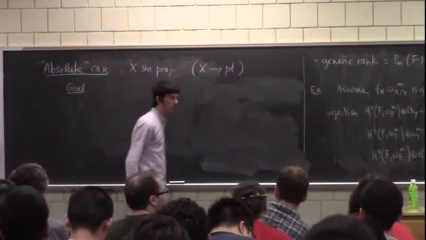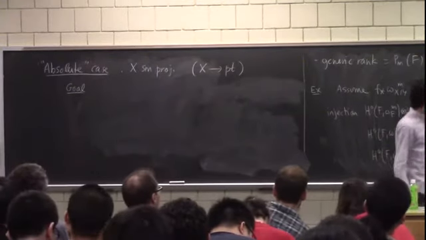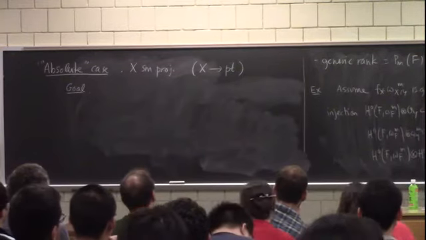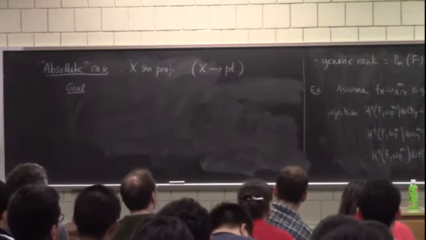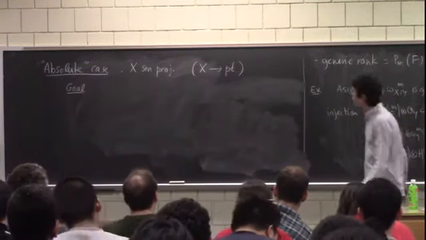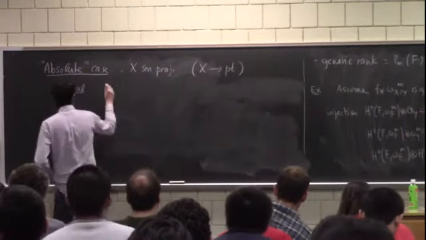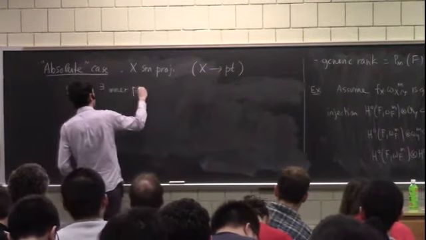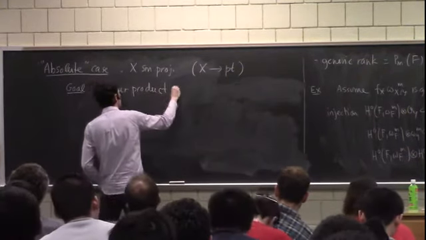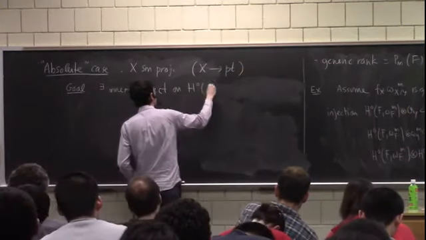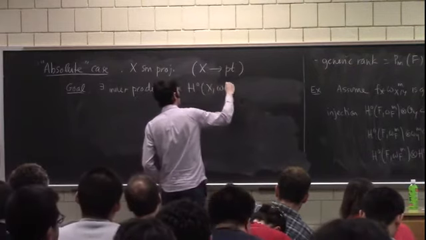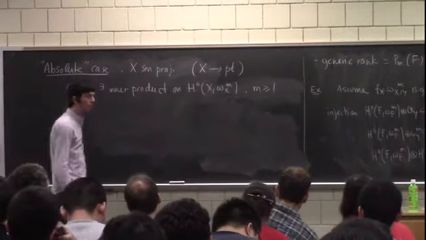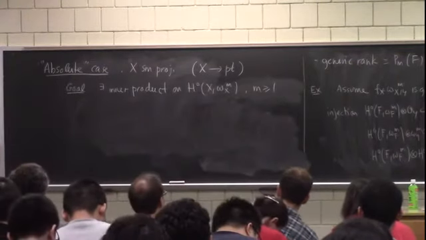What's my goal in that case? I want to explain why there's a metric on this pushforward. The pushforward, when the map is to a point, is just the space of global sections of omega X to the n. So my goal is to explain why there is a nice inner product on this space, when n is at least 1.